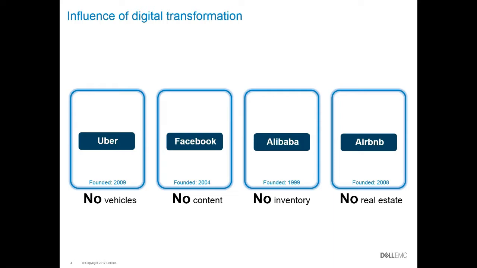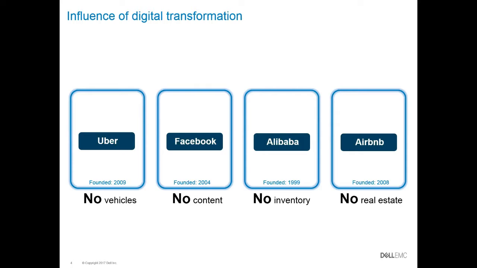Alibaba, for example, doesn't own any products. They don't have their own warehouses, yet they are still running a retail business. Look at Airbnb. They don't have any real estate, but still they are in the hotel and tourism industry. What these companies are doing is leveraging the benefits of digital transformation.